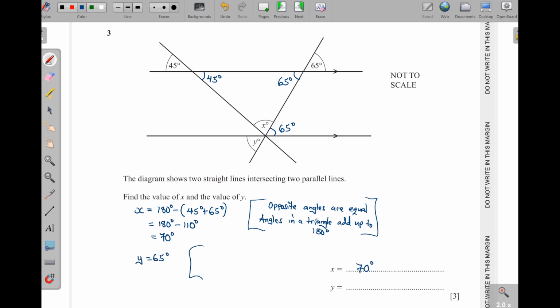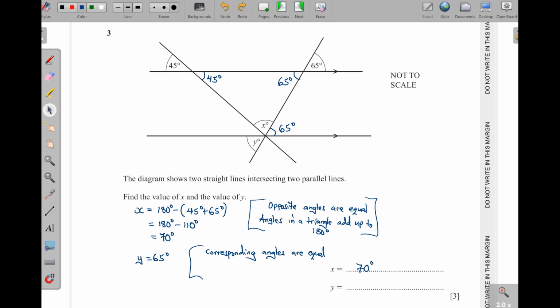So the two that I can use here maybe are the properties. We have corresponding angles are always equal. Okay. Then next, we have opposite angles are also equal.